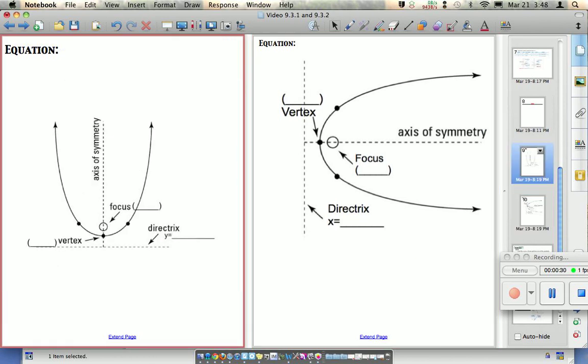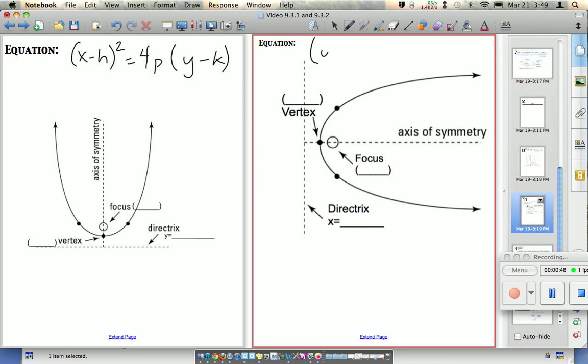First of all, this vertically oriented one is when we have an equation of the form (x minus h) squared equals 4p (y minus k). The equation of the other one is going to have (y minus k) squared equals 4p (x minus h).